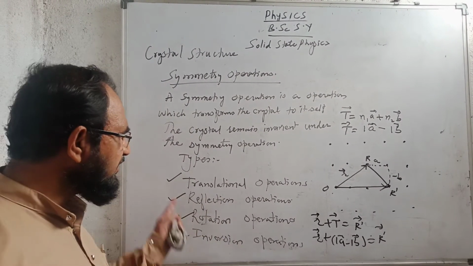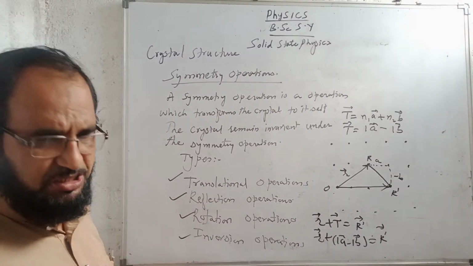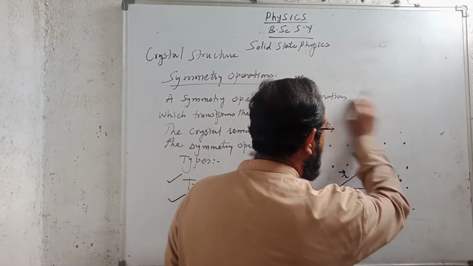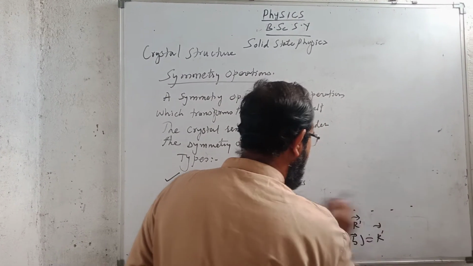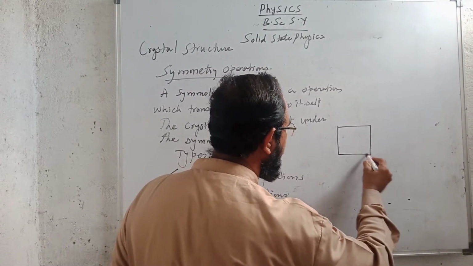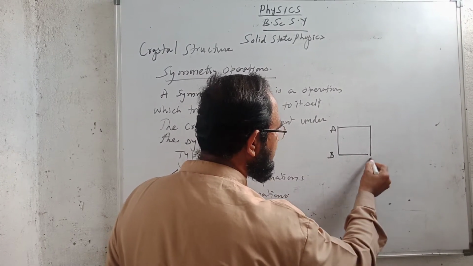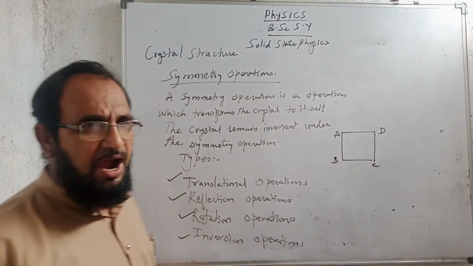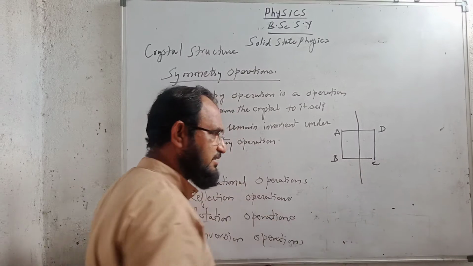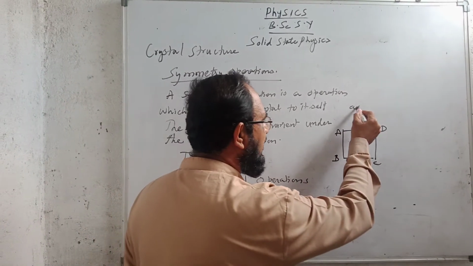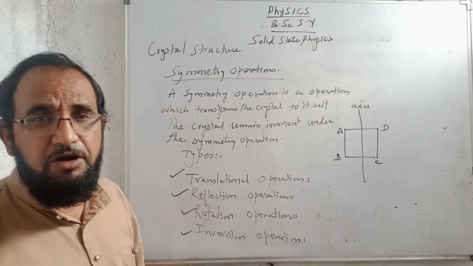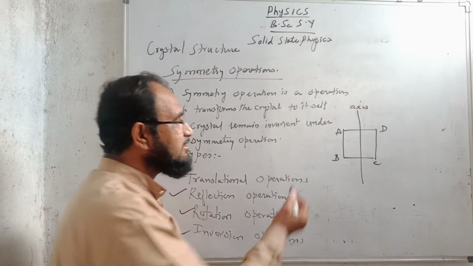Now let us see the reflection operation. To study the reflection operation, I will take here one lattice, a square lattice, a square having the 4 points A, B, C and D. And I will find here the transverse axis, and I will see whether there is a reflection of the points A and B or not.